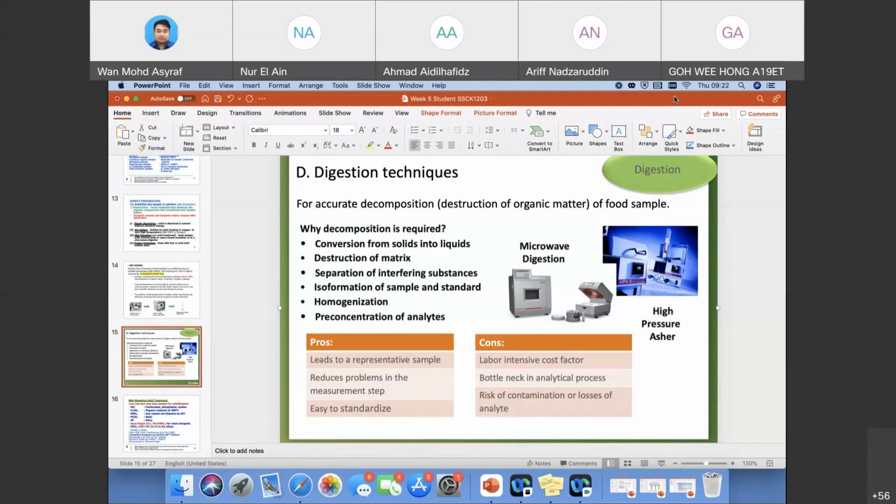So you need to minimize the volume, and when you minimize the volume, you suddenly pre-concentrate your analyte. You get what I mean? For example, when you make 1 liter of orange cordial water, but you leave it for a few days, the water will evaporate and it will be left at 500 ml.